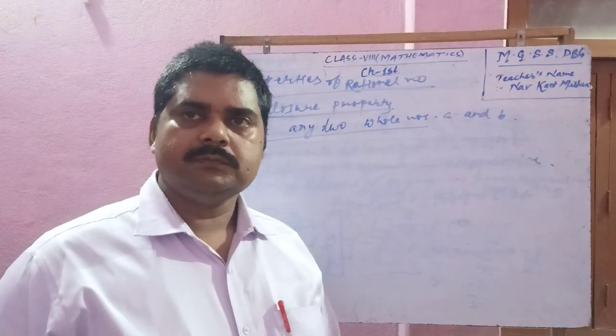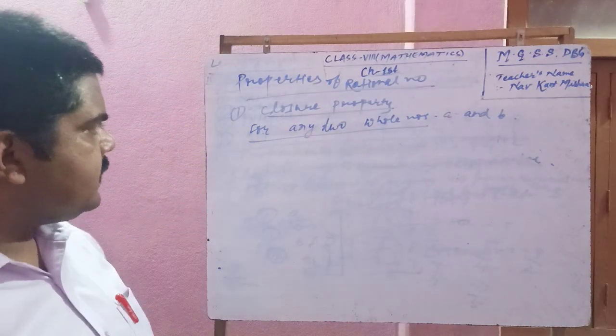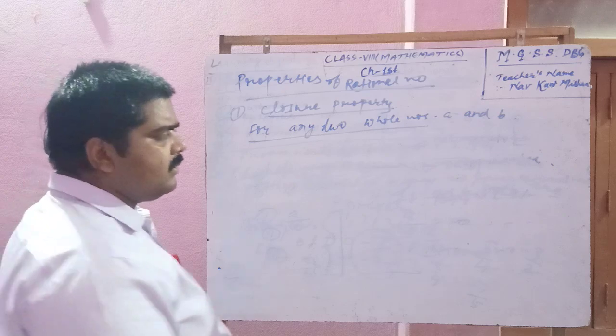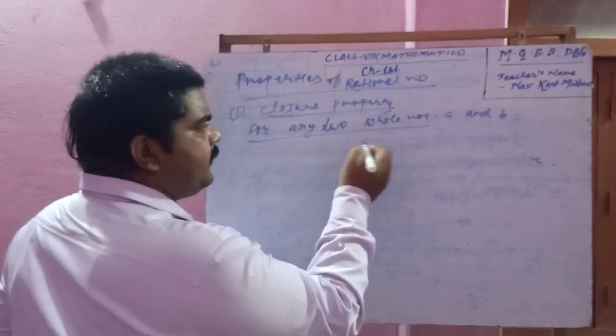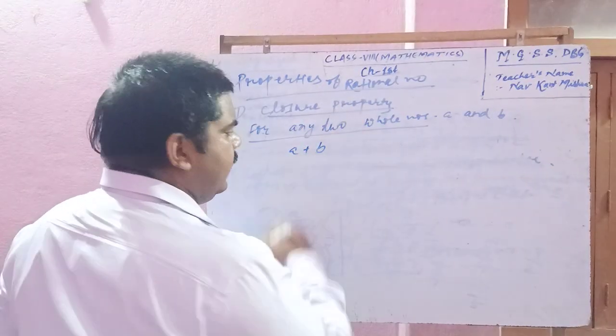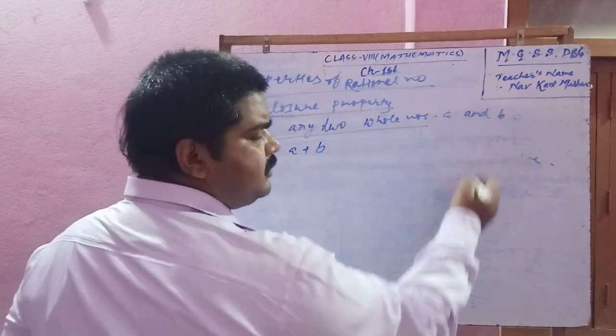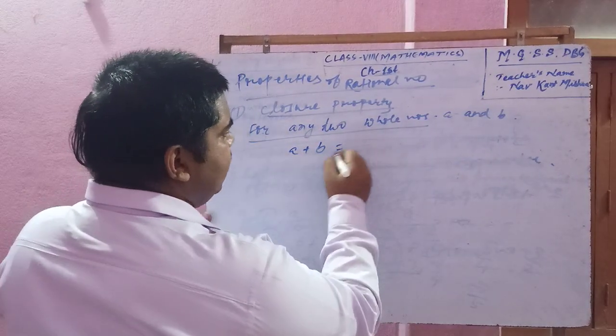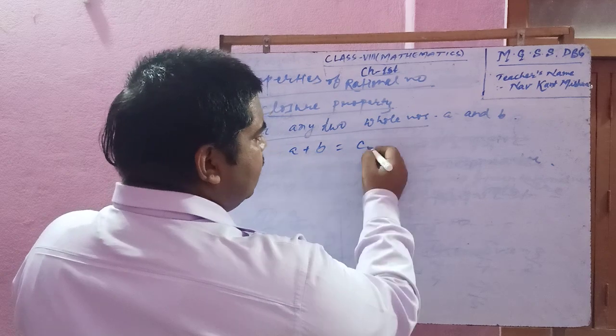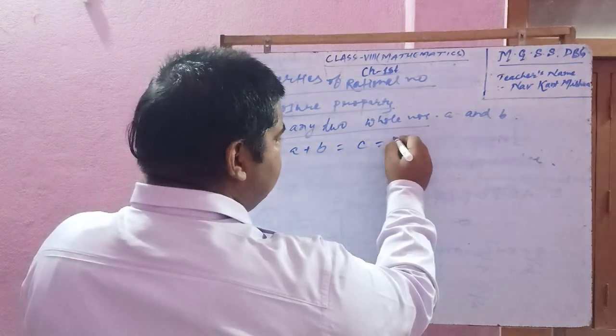Let's go further. Regarding the closure property for any two whole numbers, you know very well that if you add a and b, if a and b are two whole numbers, then the result c is also a whole number.